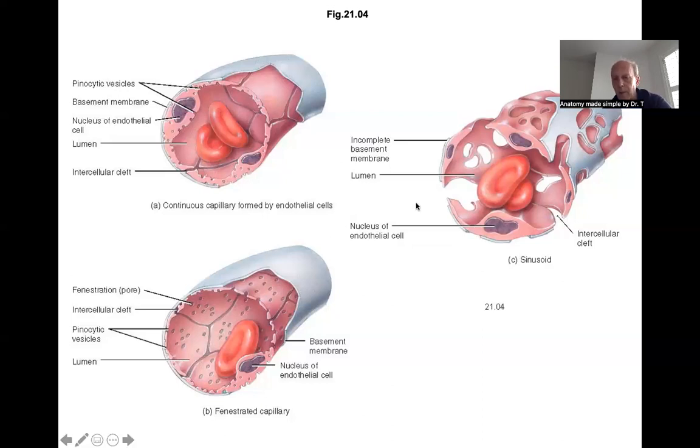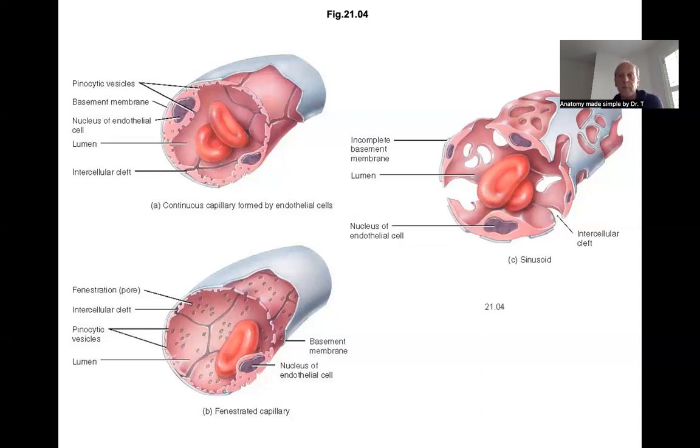And finally, we have this type of capillary called the sinusoid capillary, where the size of the openings between endothelial cells or within the endothelial cells is so huge that essentially even the largest molecules and a quite copious amount of fluid can come out.